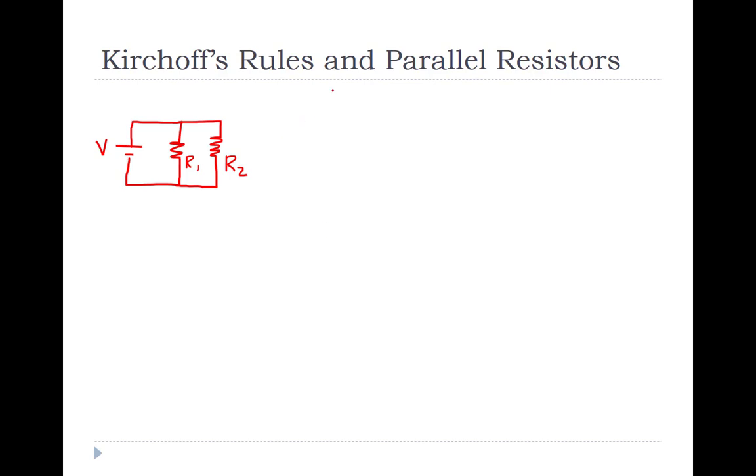Okay, step 1 when doing a Kirchoff rule problem is to define your currents. Oh, I can't spell currents today. Here we go. So step 1 is to define the currents. Make a choice.